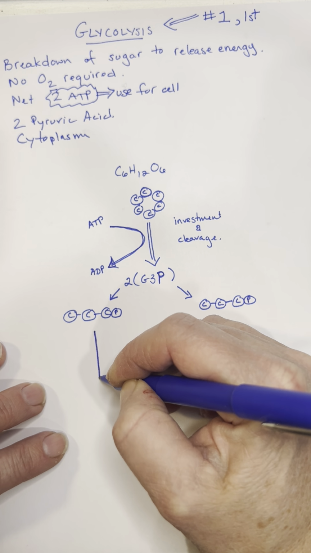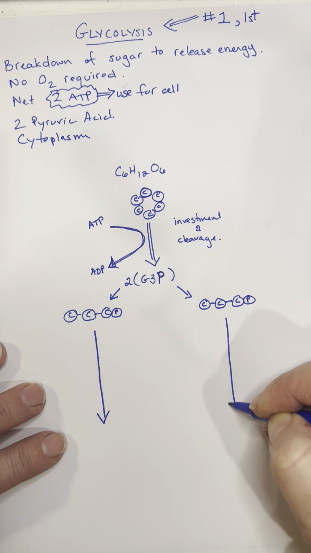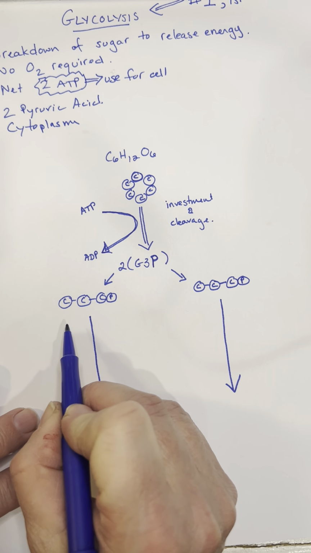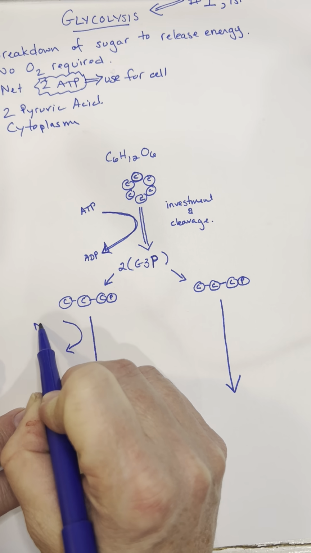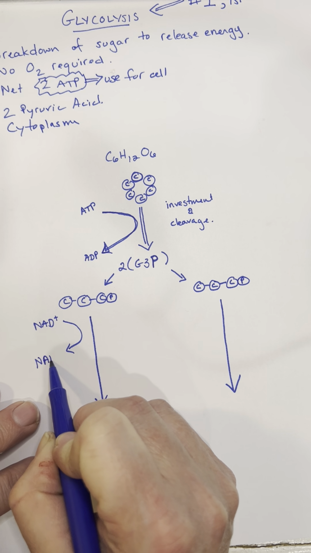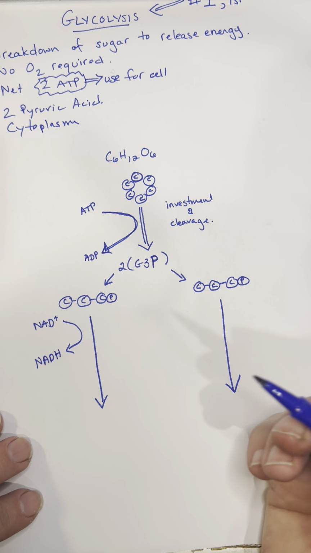Now, these G3Ps have plenty of energy stored in them, and that energy is going to be released or removed in a series of reactions that happens on each of these G3Ps. Each of those is going to go through an oxidation in which NAD positive, sounds familiar, is going to be turned into NADH. And in this case, you'll notice there's no P. In photosynthesis, we had NADPH.